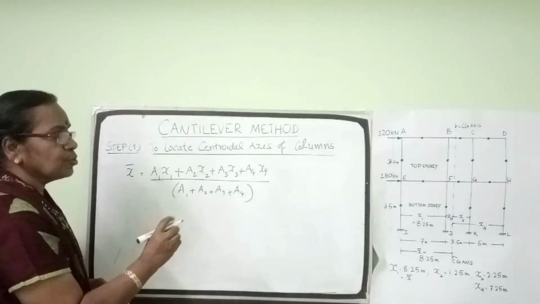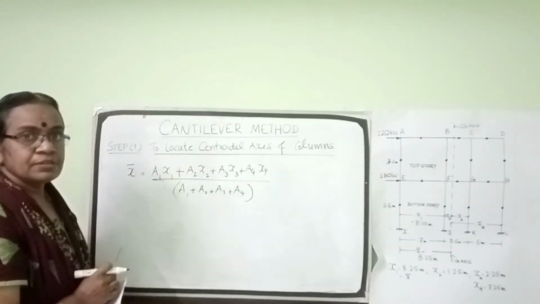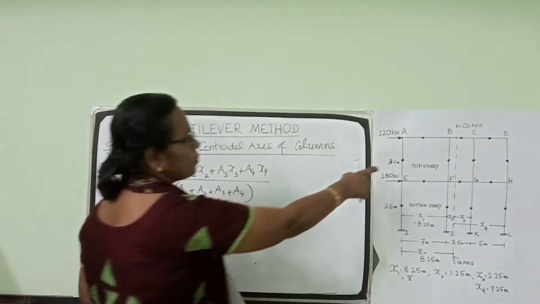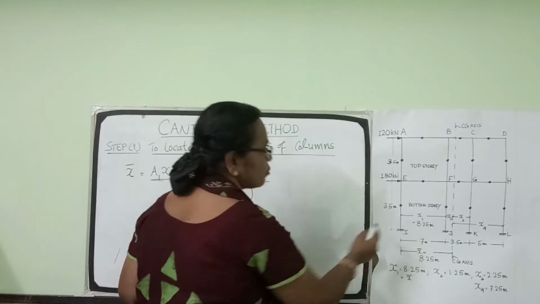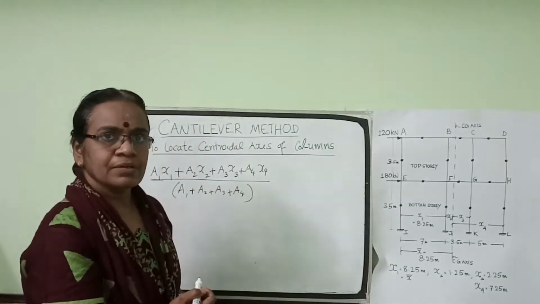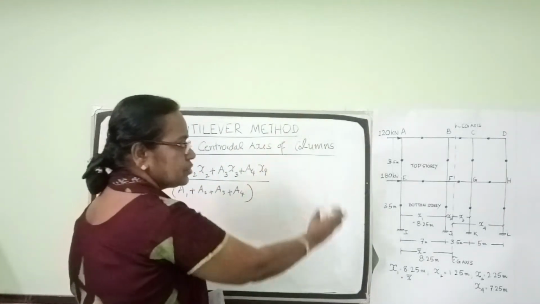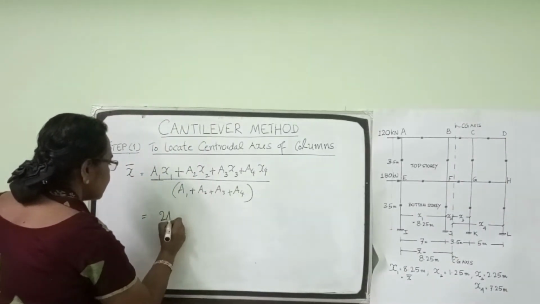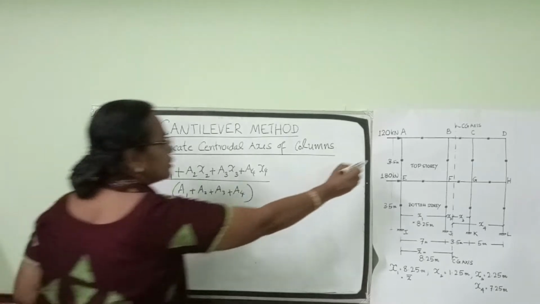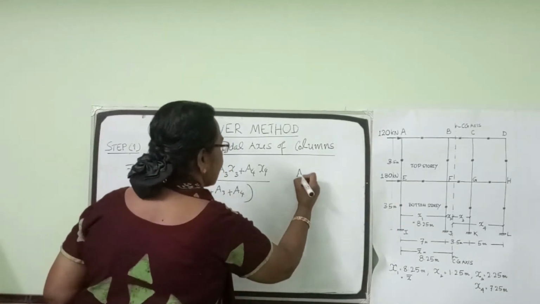Now let us assume all the columns have the same area. If the column AE has area A, EA also has area A. So totally, for the left edge column, the total area is 2A. I am taking the left edge AEI as reference.